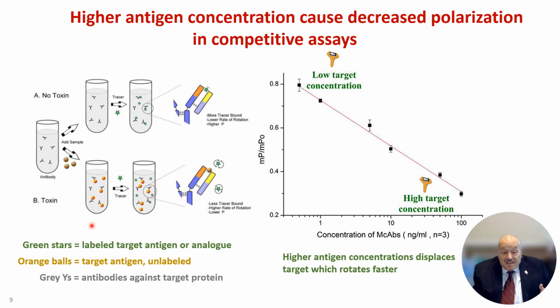In that case, the unlabeled antigen, which we put as the orange balls, competes with the labeled one, displaces some, and that results in faster rotation of your labeled tag, and the polarization goes down.